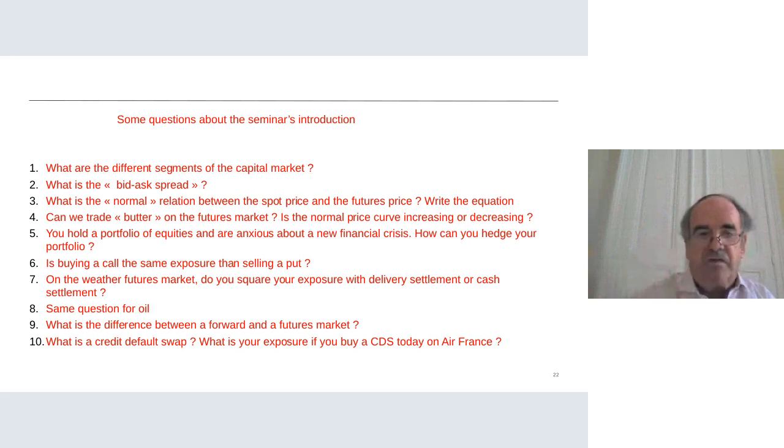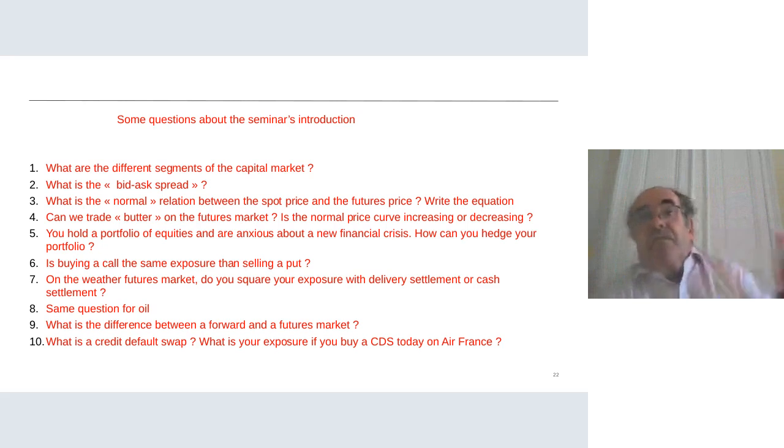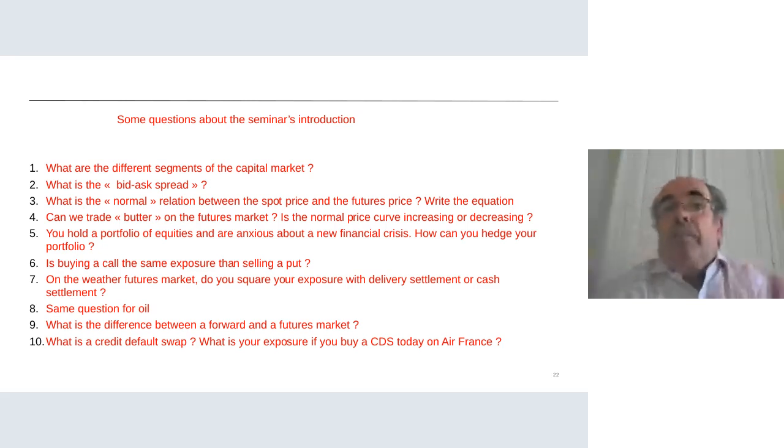So you buy a put, it's a good answer. We will come back to using options in the future. But I would like everybody to understand why, when you hold a portfolio, for hedging you can buy a put. I buy the right to sell my portfolio at a given price. At today's price, for instance, if the spot price moves down, you have the right to sell at today's price. You don't support the loss.